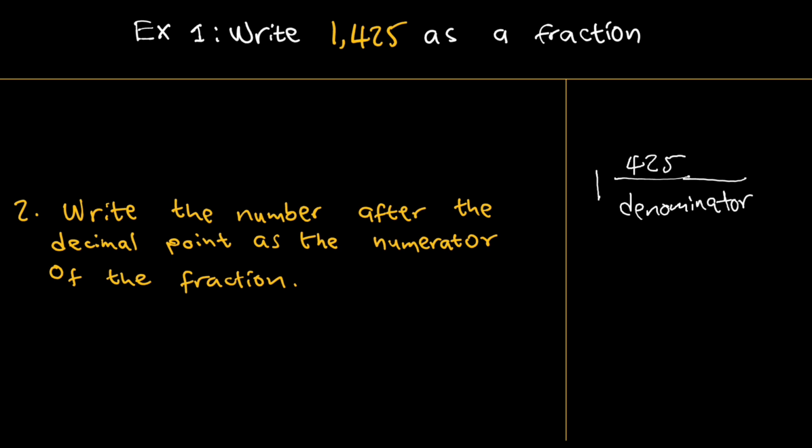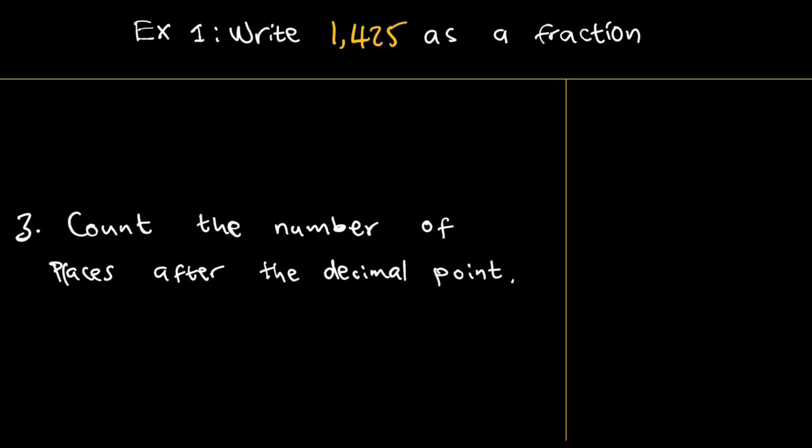Okay. Now let's move to the third step. Remember, what do I have from the previous step? I have 1 and I have my numerator as 425. So now I need to count the decimal places. How many decimal places do I have? I have 1, 2, 3.